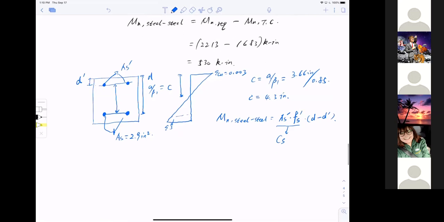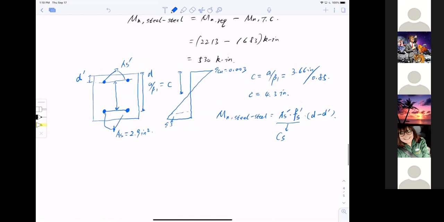So we're going to have this additional moment resistance provided from compressive reinforcement. Let's do a quick check. I already know this required additional moment is 530 kips-inch. All I need to find out is this AS prime area still. Okay, excuse me for 1 second.